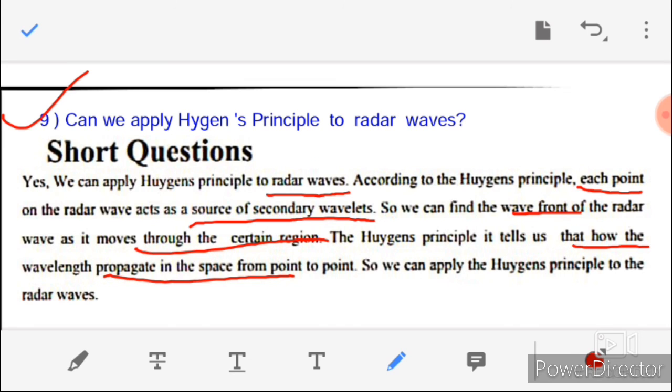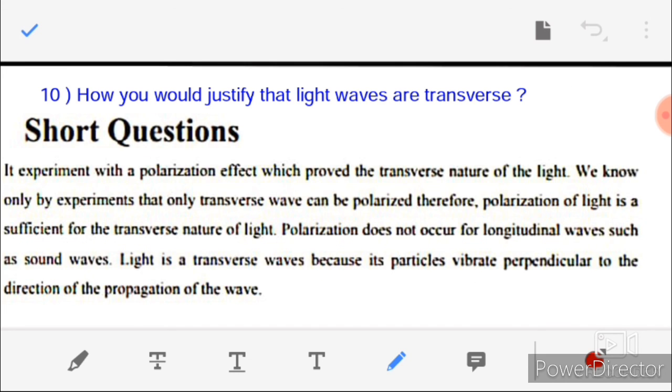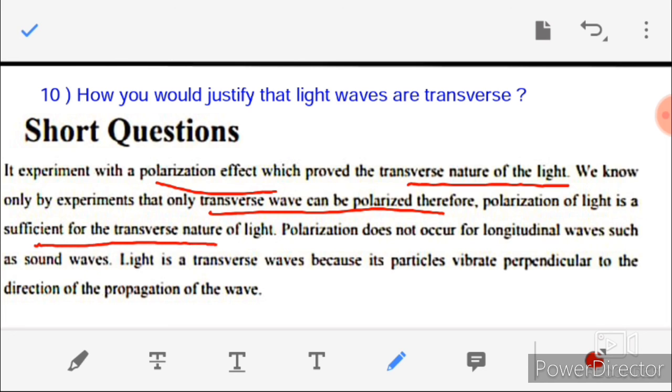Now moving towards the last question, question number 10. How would you justify that light waves are transverse? Answer. Experiments with the polarization effect prove the transverse nature of light. We know by experiment that only transverse waves can be polarized. Therefore, polarization of light is sufficient to show the transverse nature of light.